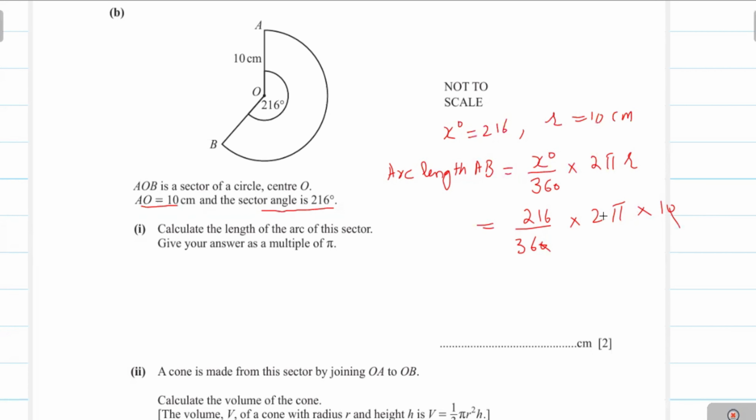You see here 2 ones are 2. 2 times 18 is 36. We can write 216 over 18 pi. 18 times 1 is 18. 3 is carried. Therefore 18 times 2 is 36. Therefore 12 pi will be the answer.